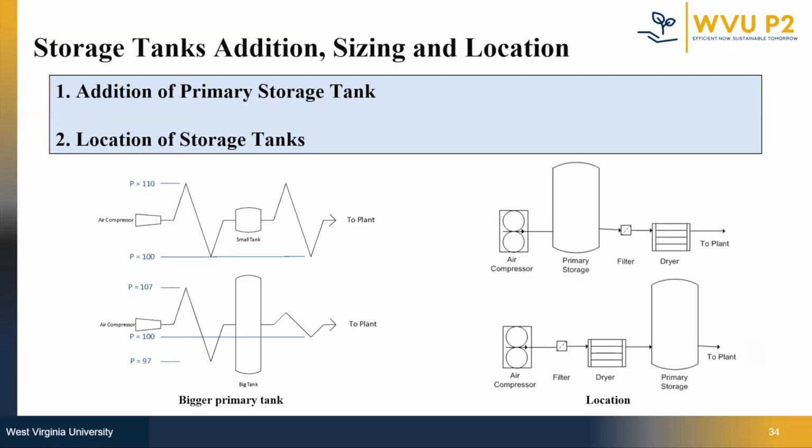A larger, properly sized tank smooths out those fluctuations and gives you a steady air supply. Placement is just as important: keeping the tank closer to where the air is used stabilizes pressure at the right point of demand. So the right size and the right location means lower energy use, less wear on equipment, and more reliable performance.